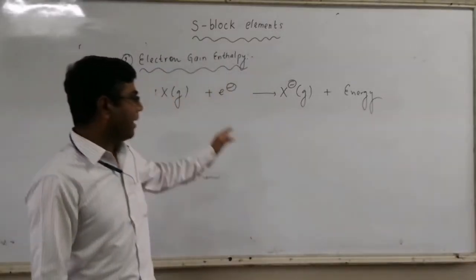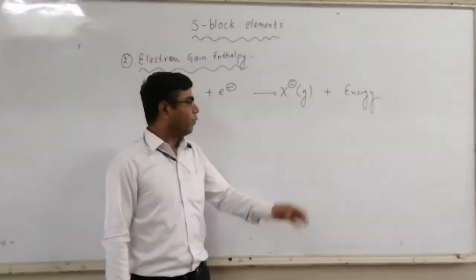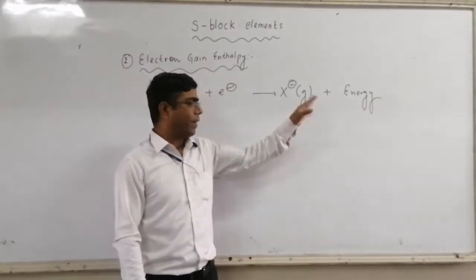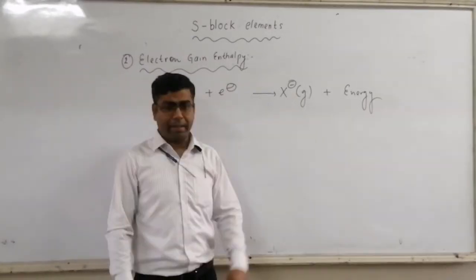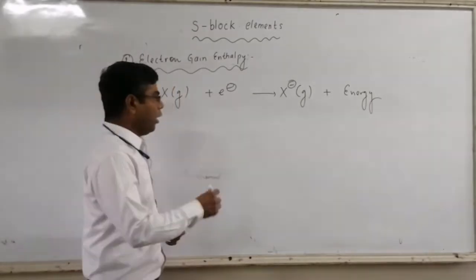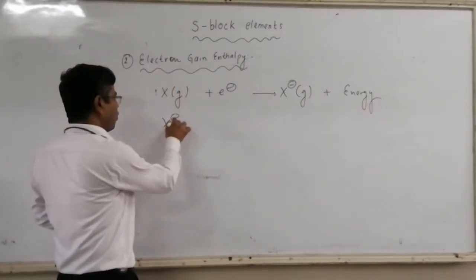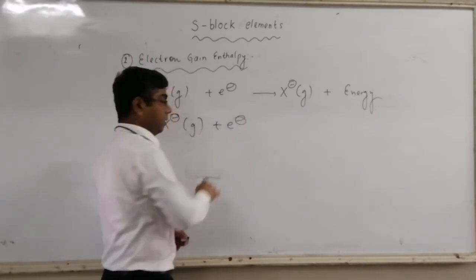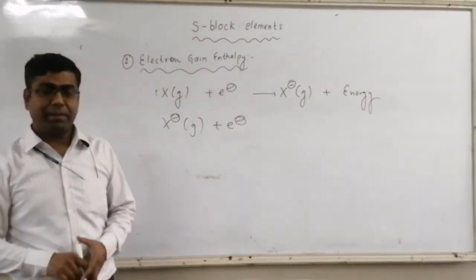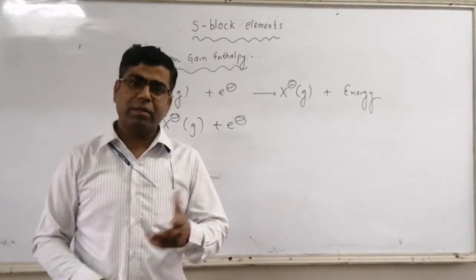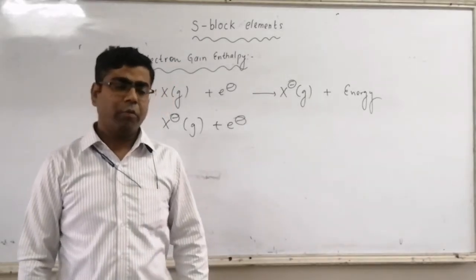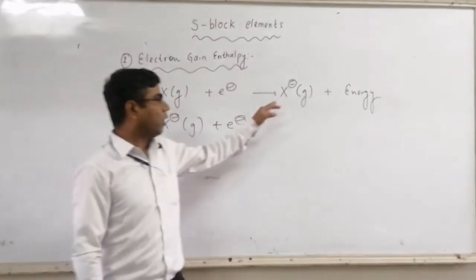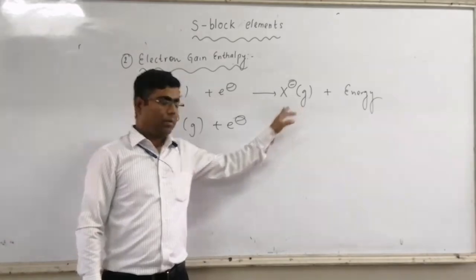Now when one electron is added, it gets converted to X minus gas with the release of energy. Now we have the X minus ion. If we want to add one more electron to X minus gas, then energy has to be supplied. The reason is very simple. When one electron is added, we got X minus.